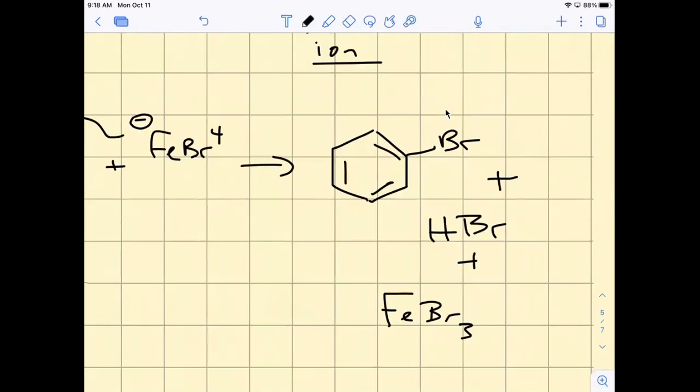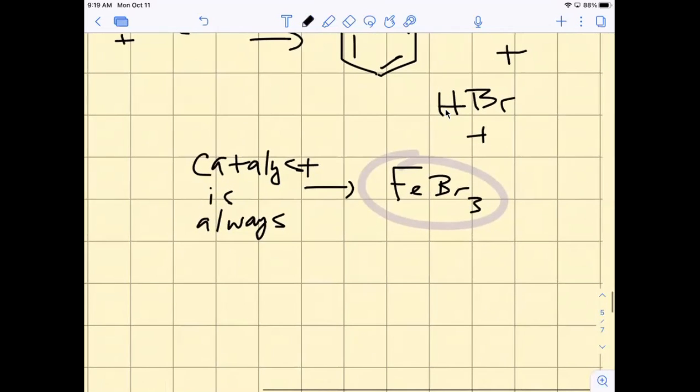But any reaction that uses a catalyst, you're going to regenerate the catalyst at the end. All right, always regenerate.